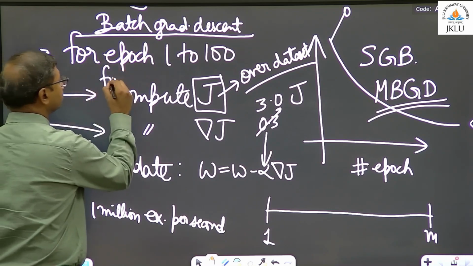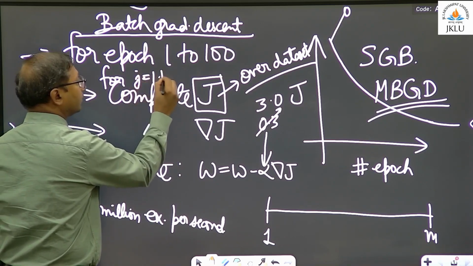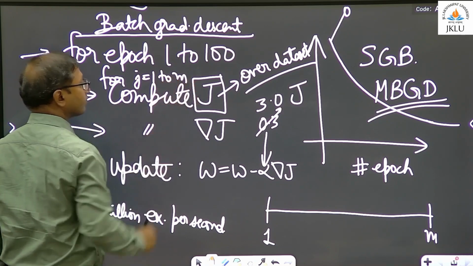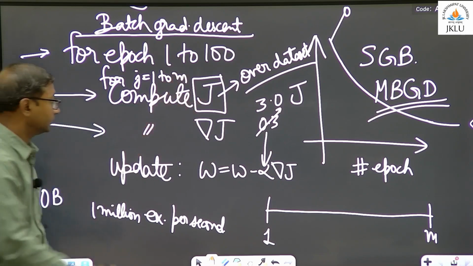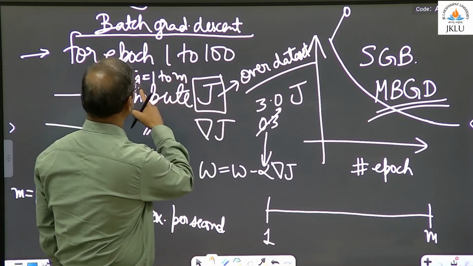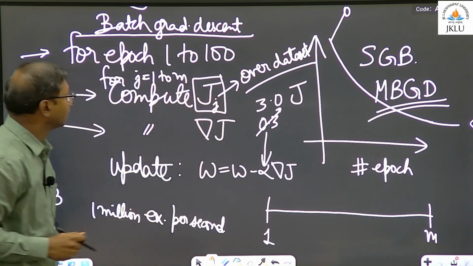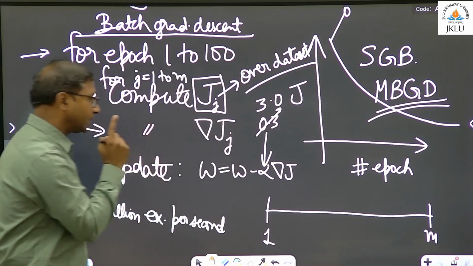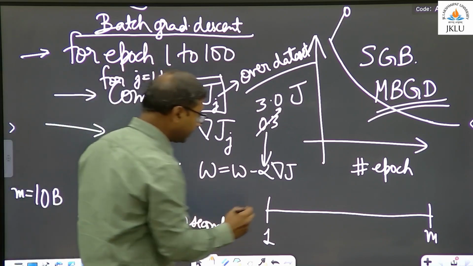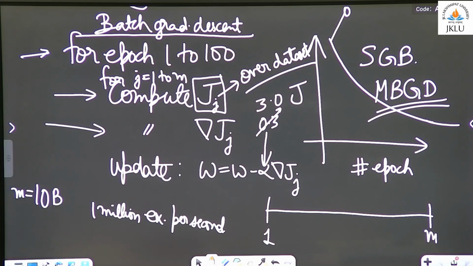For j equal to 1 to m, compute J for that particular example, and then compute the gradient and update for that particular example, right? How will the graph of this new algorithm look?